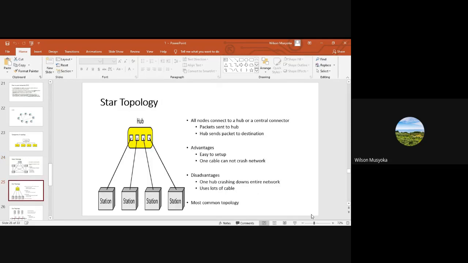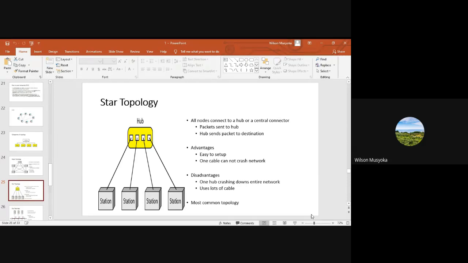Then we have the star topology, whereby all nodes or all computers connect to a central hub or a concentrator. And this hub is the one now which is used to forward the packets which are being delivered there to the destination. So in terms of advantages, it is easy to set up and one cable cannot crash the network.